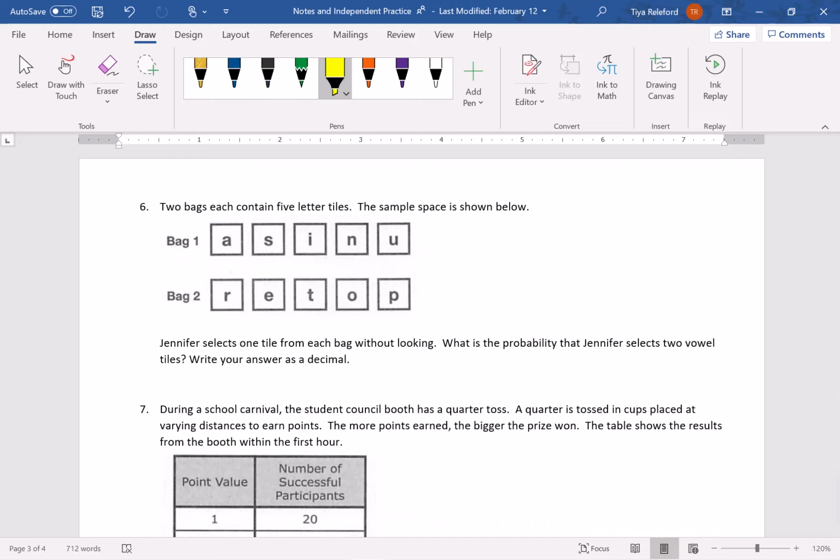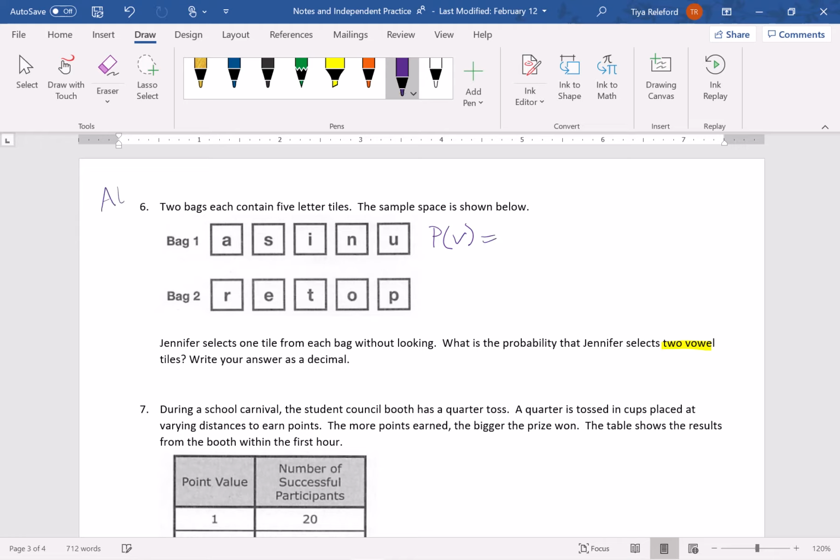2 bags each contain 5 letter tiles. The sample space is shown below. Jennifer selects 1 tile from each bag without looking. What is the probability that Jennifer selects 2 vowel tiles? So for bag 1, we want the probability of a vowel.